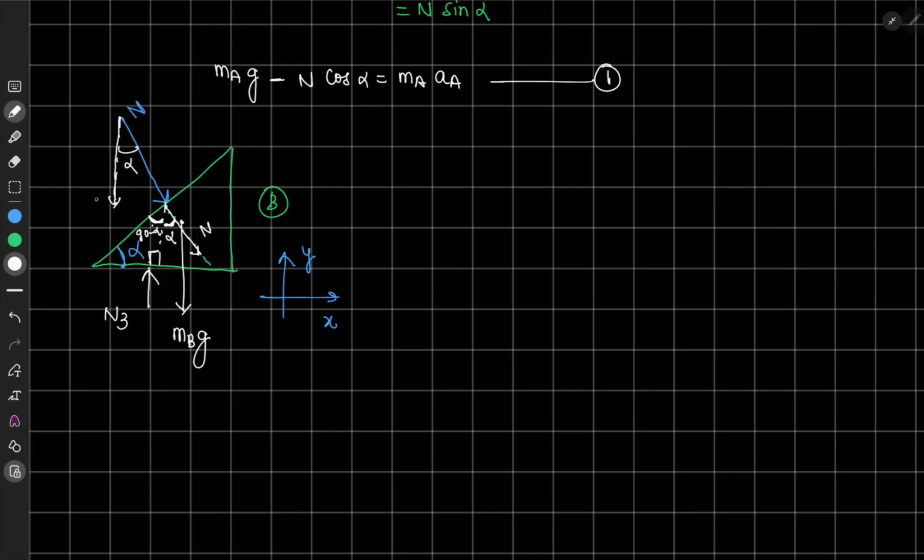So this component will be N cos alpha, and this component is N sin alpha, and the wedge is moving in the horizontal direction with the acceleration of aB.